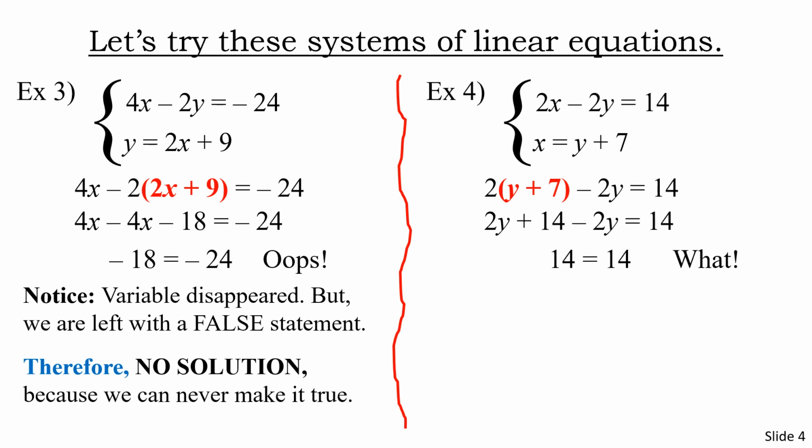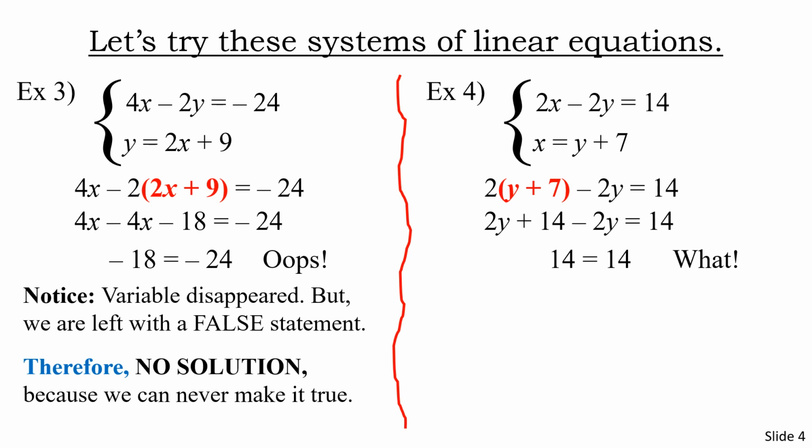Okay, let's make sure I put y plus 7 in for the x, so 2 times y plus 7 minus 2y equals 14. Distribute, 2y plus 14, the two y's cancel, and I get a true statement. So again, the variable disappeared, but this time I got a true statement.